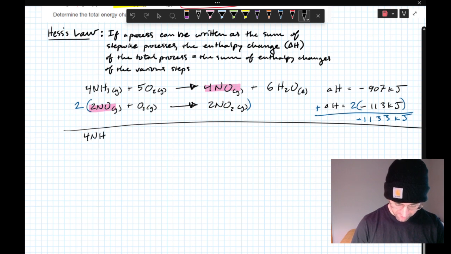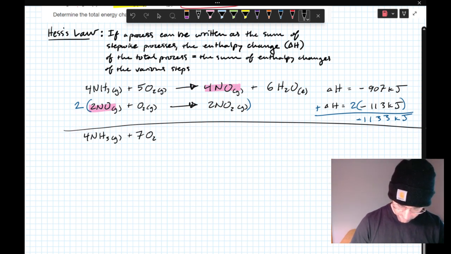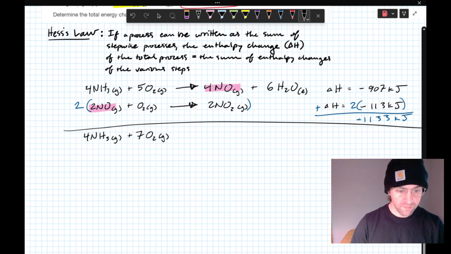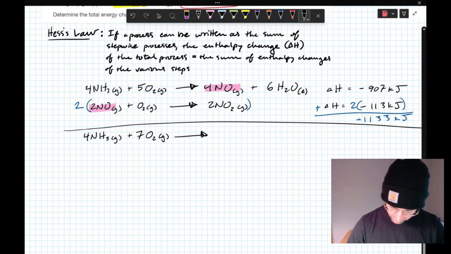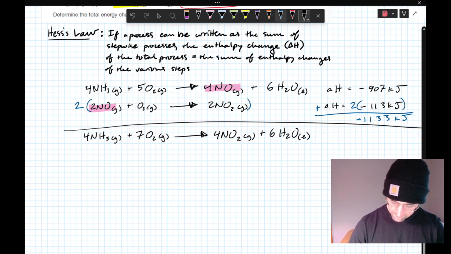We're going to carry these down: our NH3 plus we've got 5 plus 2, so 7 molecular oxygen, yields 2 times 2 is 4 nitrogen dioxide, and 6 H2O.